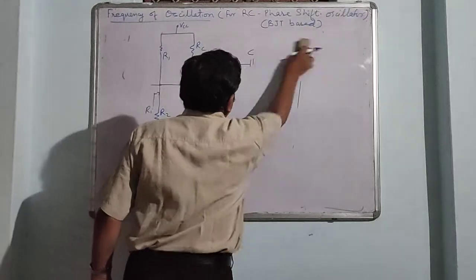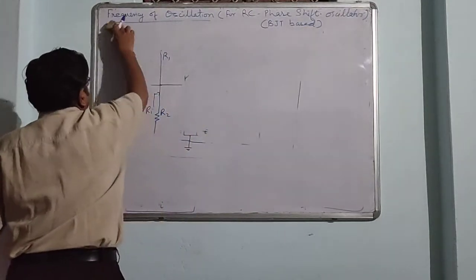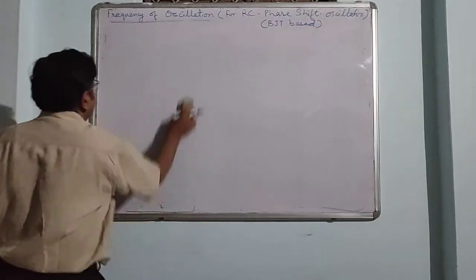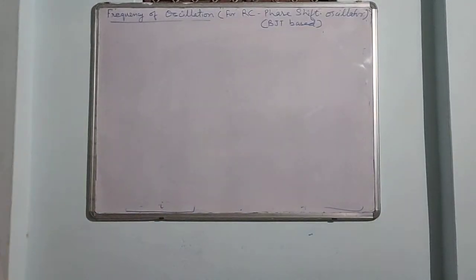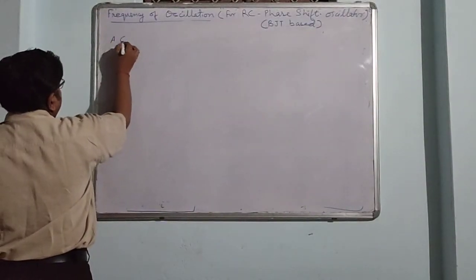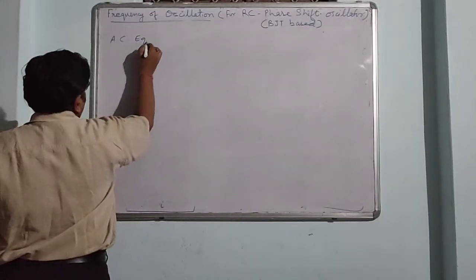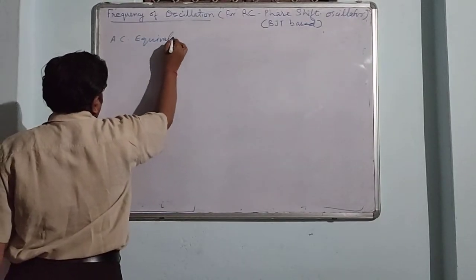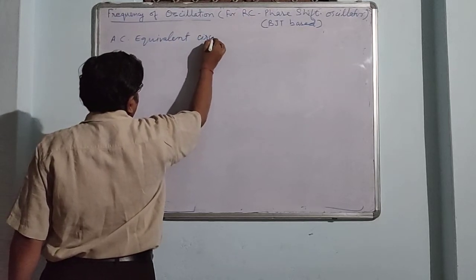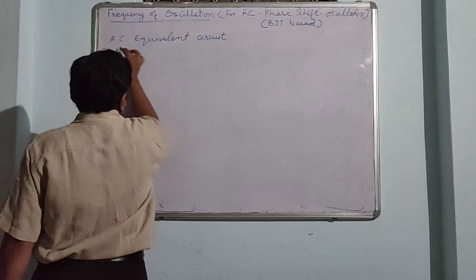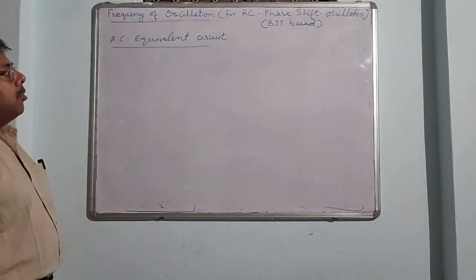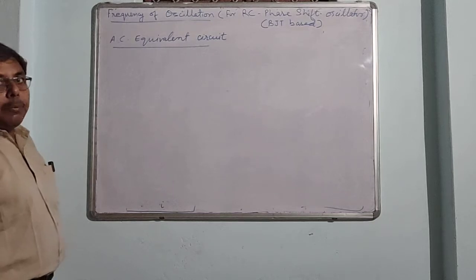From this network, the next step is the AC equivalent circuit, the AC equivalent circuit for the RC phase shift oscillator using BJT.